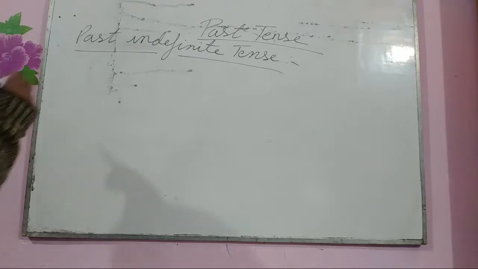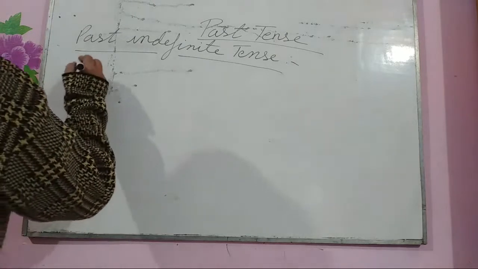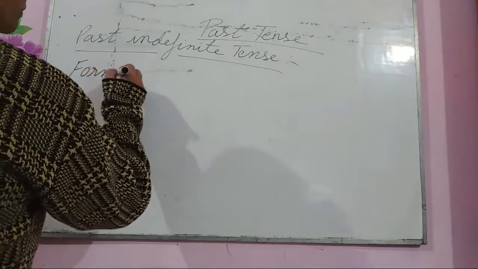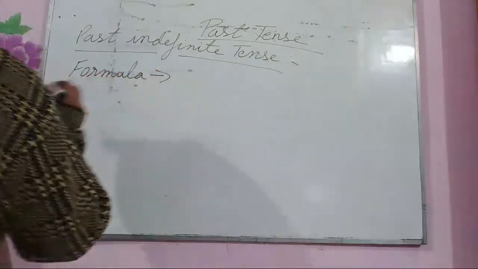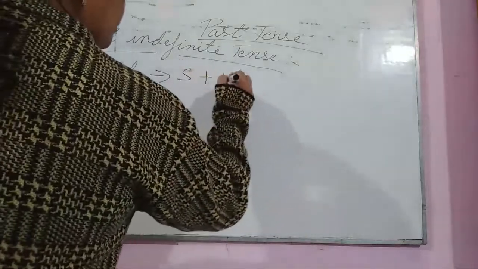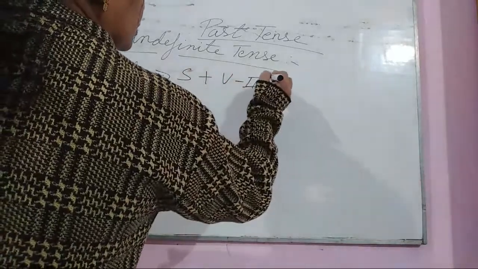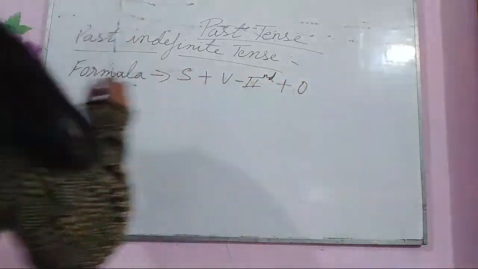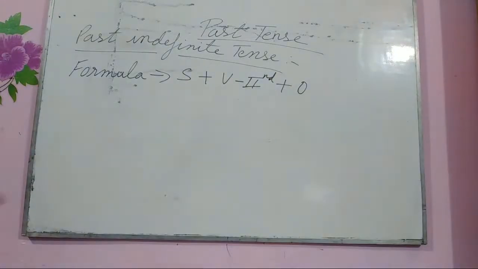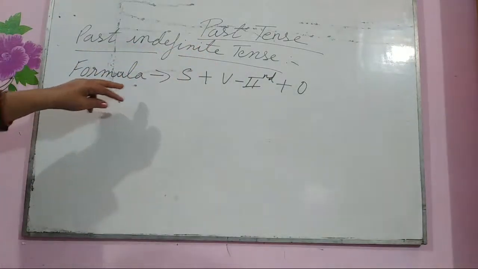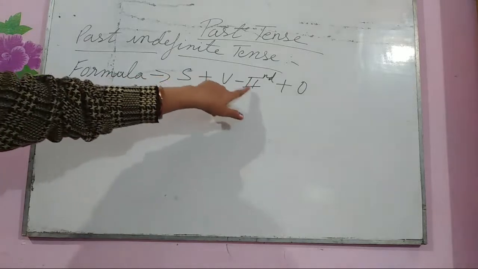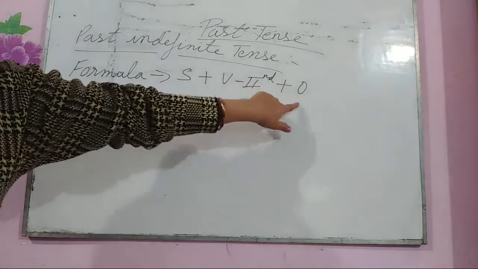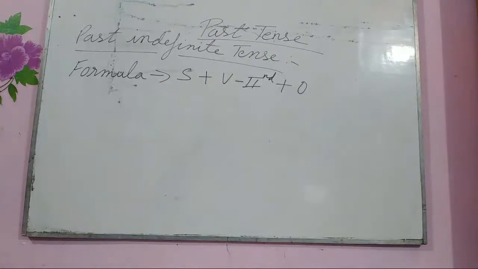So here is the formula regarding your past indefinite tense. The formula for past indefinite tense is subject plus verb of second form plus object. This is the formula for past indefinite tense. Let's see the example related to it.